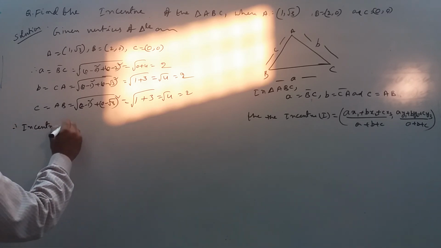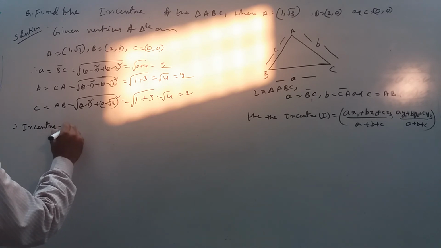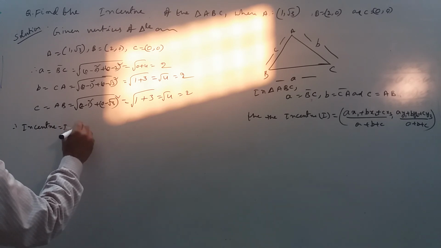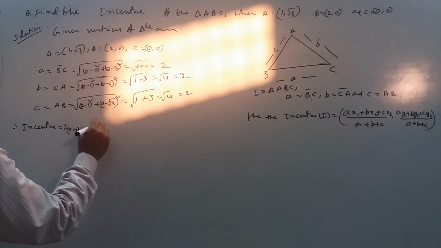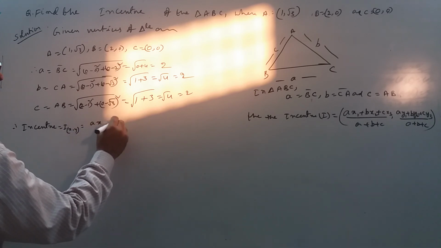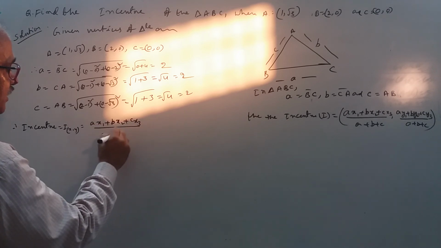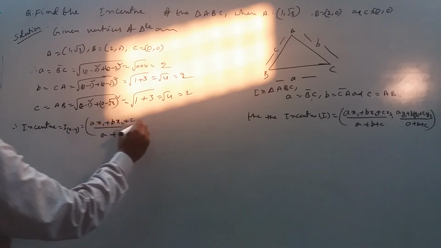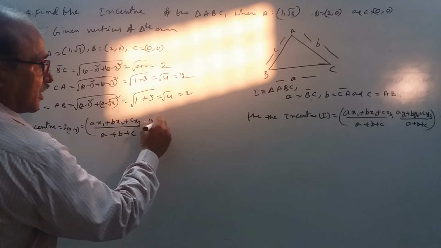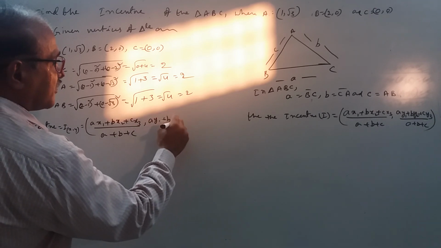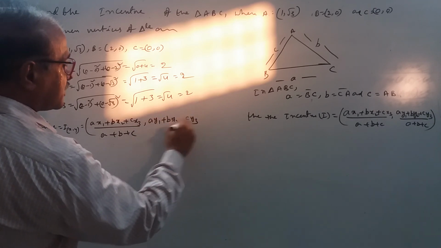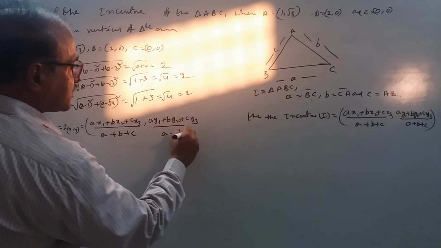Therefore incenter I (x, y) is equal to formula (ax1 plus bx2 plus cx3) by (a plus b plus c), (ay1 plus by2 plus cy3) by (a plus b plus c).